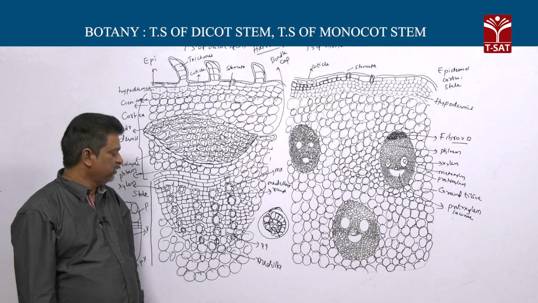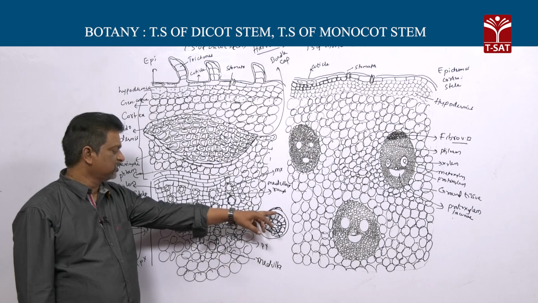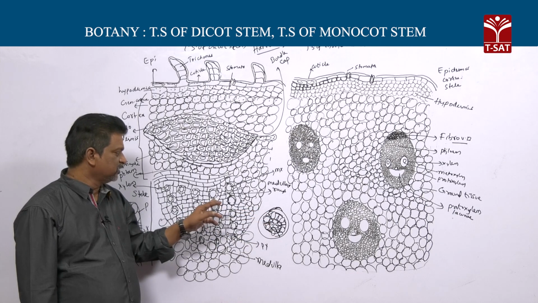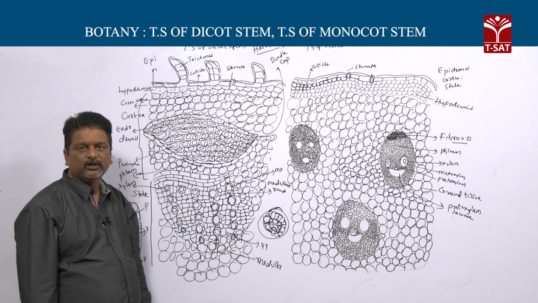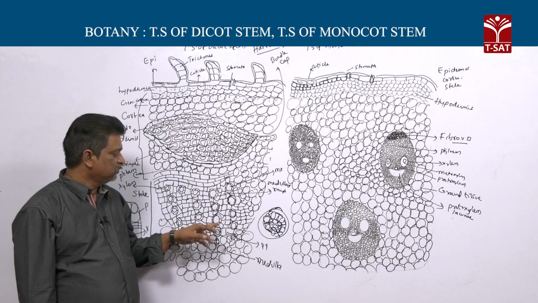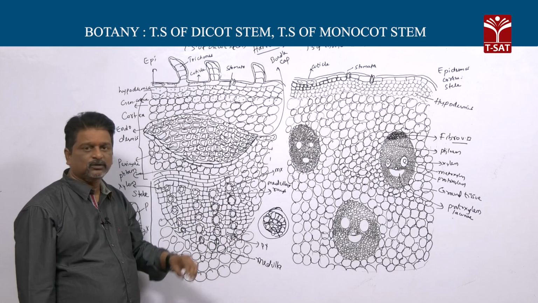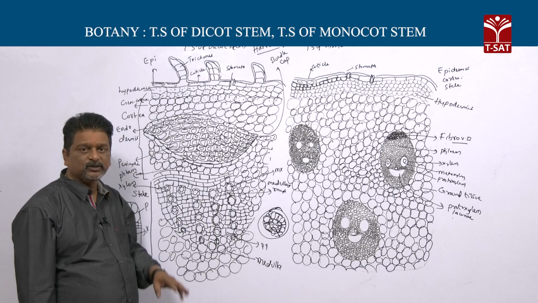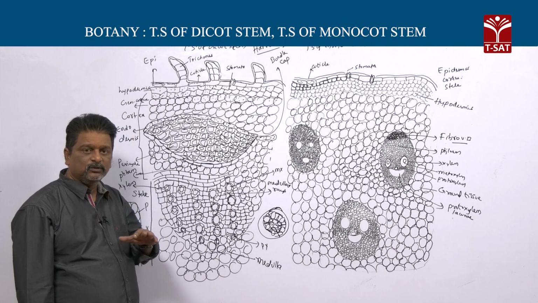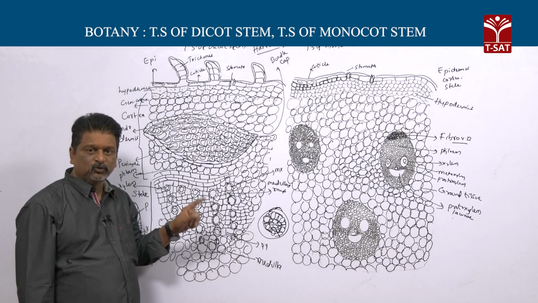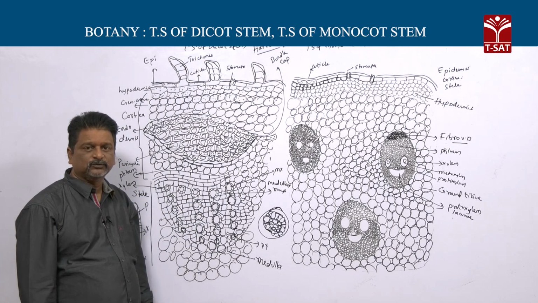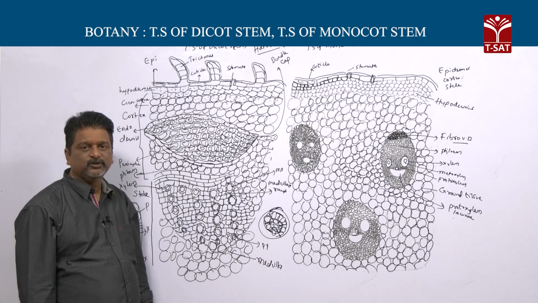Then medullary rays, these are extensions of medulla. They are useful for lateral conduction. Among stems, medullary rays are present in dicot, absent in monocot stem. Then in roots, medullary cells are replaced by conjunctive tissue.